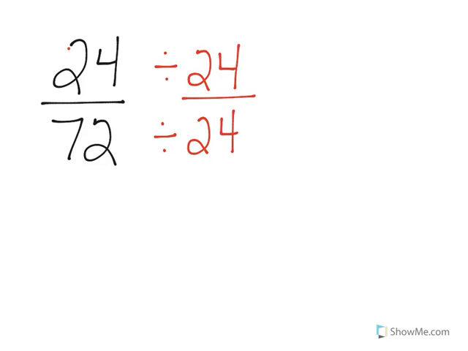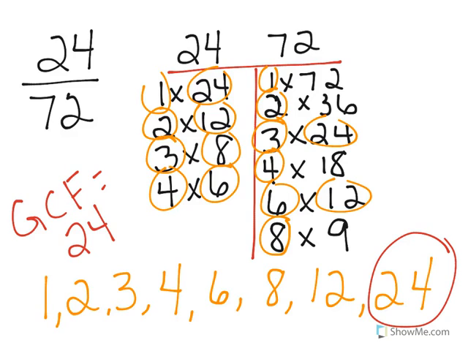The next step is to go back and divide my numerator and my denominator by the greatest common factor, which in this case is 24. And 24 divided by 24 is 1. 72 divided by 24, well, if I'm having a hard time remembering what that is, I can go back to my factor t that I had, and I can see that 24 times 3 is 72.